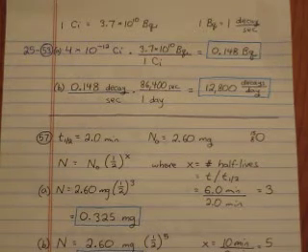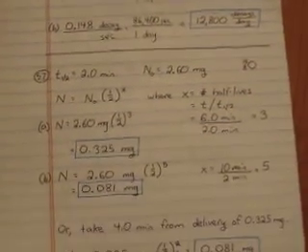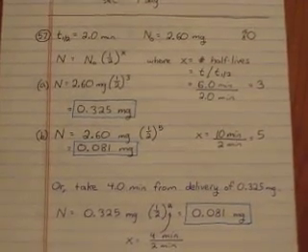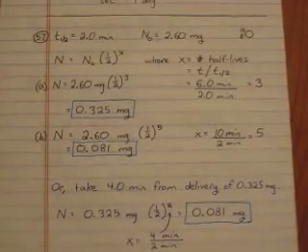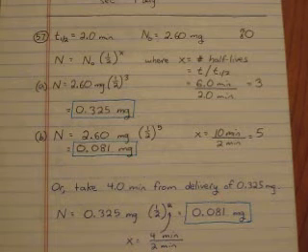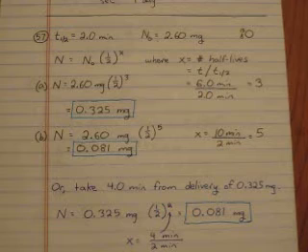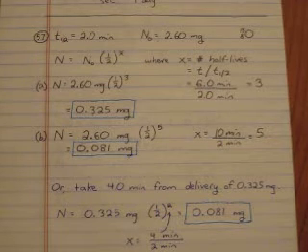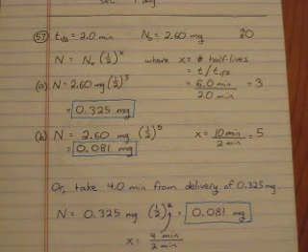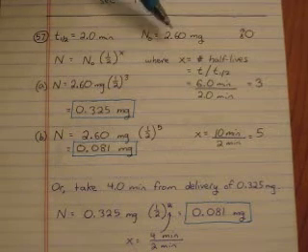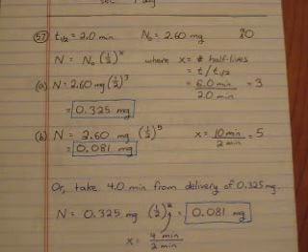Number 57, medical use of radionuclides. We have oxygen 15 used in a PET scan, and it's got a half-life of 2 minutes, so it goes away, decays very quickly. We have an initial amount of 2.60 milligrams.